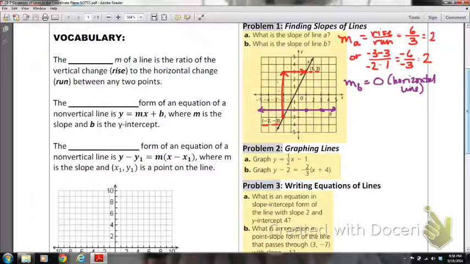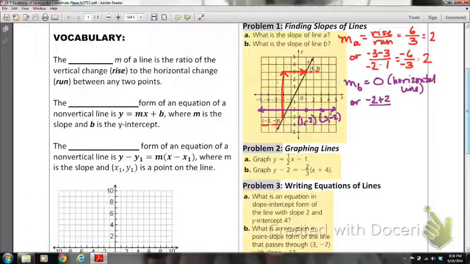Let's just see how this works and why it is 0 for a horizontal line. One of the points on the line here is 1, -2, and then the other point is 3, -2. So if you put that in the slope formula, let's calculate this slope as the difference between your y values is -2 minus a -2, which is 0.